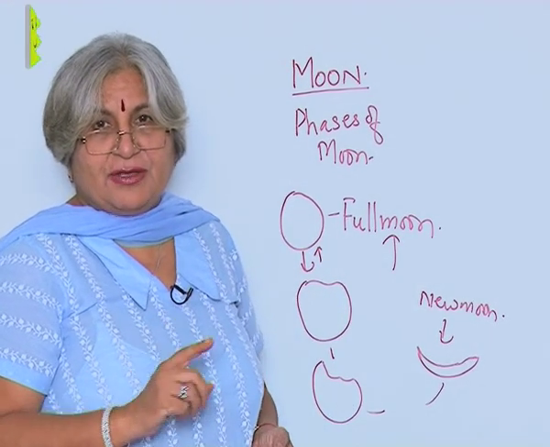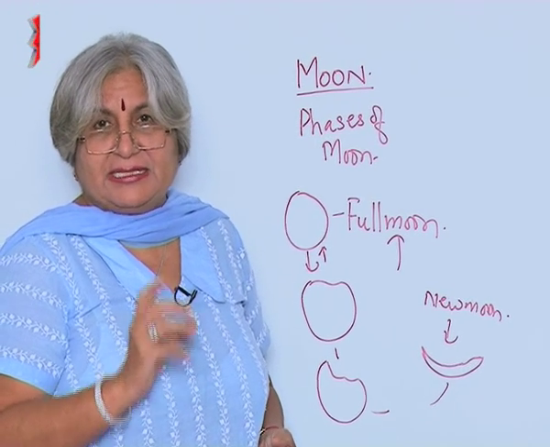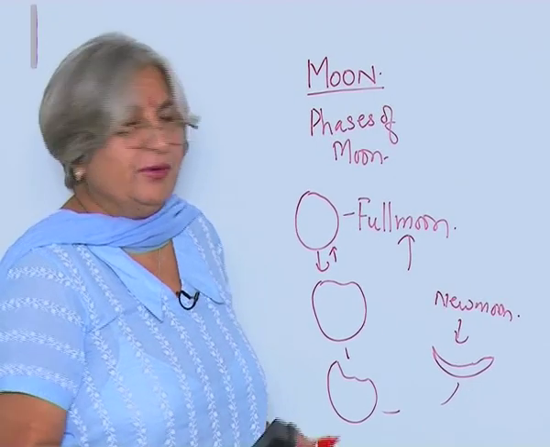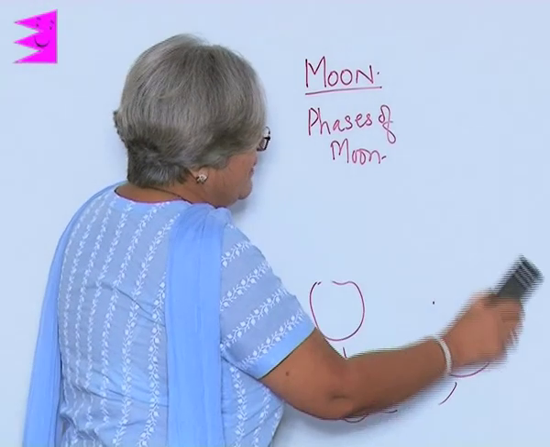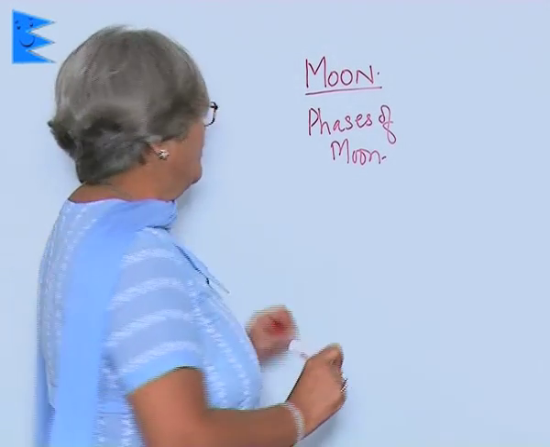So, the size of the brighter part of the moon keeps changing, and these changes during the month are known as the phases of the moon. You see, definitions are very important. So, let us write the definition of phases of moon.